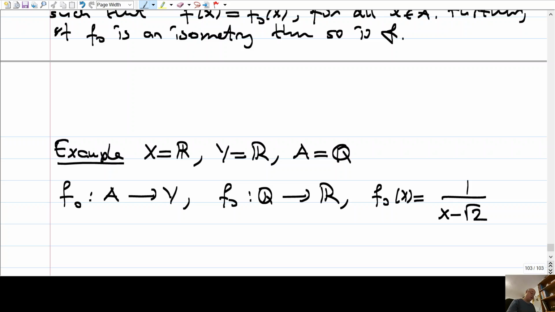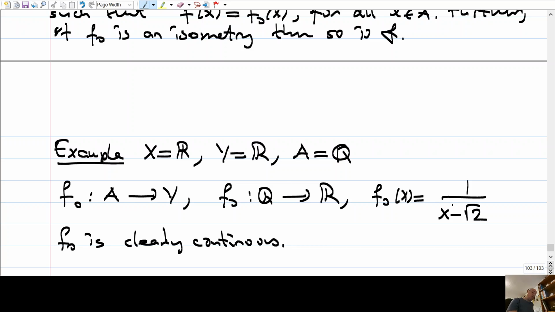Moreover, it is continuous. Why is that? Because x minus root 2 is continuous, and 1 over a continuous function is continuous when the denominator is never 0. So f0 is clearly continuous. I don't say anything about uniform continuity of this function. The reason will be clear in a moment. Now I ask the following: can we extend the domain of this function to the set of all real numbers?